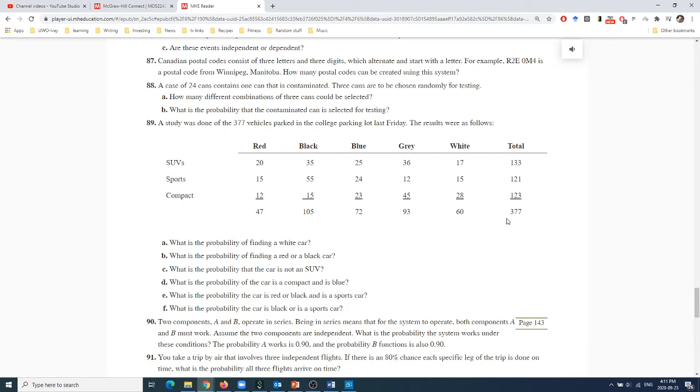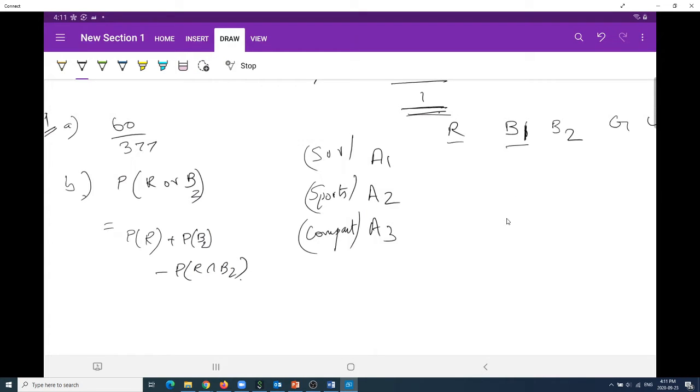So this is the formula. This is your probability of R or B1. This is your addition rule.